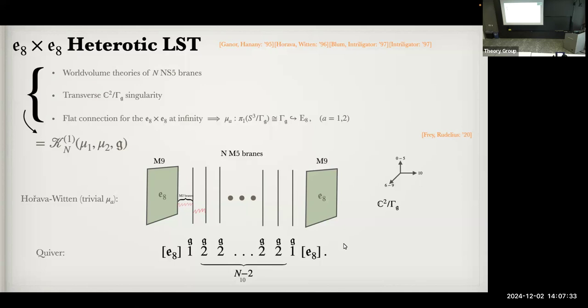It just gets collapsed. The same thing is true for type 2A, you know, M5 branes. Maybe, sorry. Yeah, I see what you're saying. The G string is 0, and so there's no M theory circle.